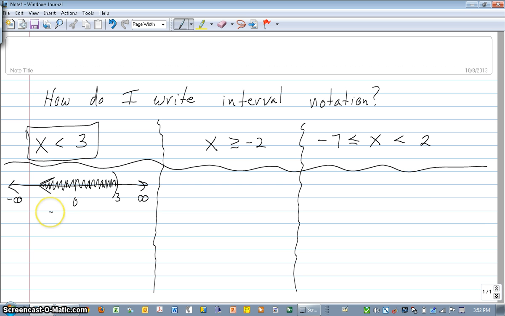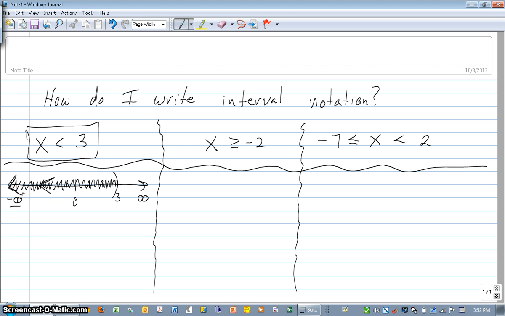Just like you read anything else in English, you're going to read this graph starting at the left and going to the right. So the leftmost number where we shaded in the graph would be negative infinity. I didn't come all the way, but I could have continued this all of the way to the left.